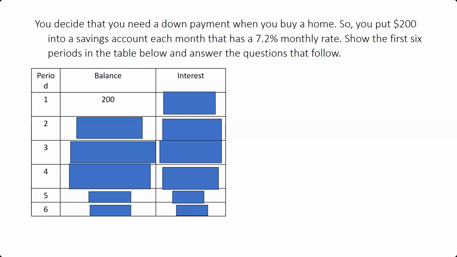And when you have a savings account, you make interest as soon as you put that money in there, because as soon as you put the money in there, they start using it. So unlike the credit card where you don't have interest in the first statement, this one you do. So you have to take your $200 and 7.2% written as a decimal is what? Anyone?